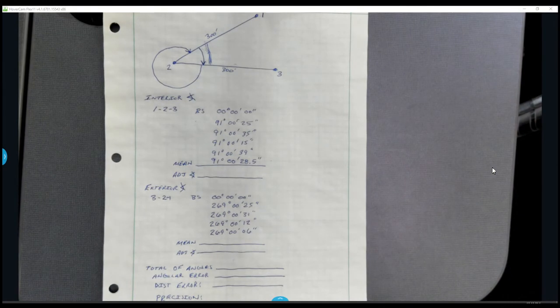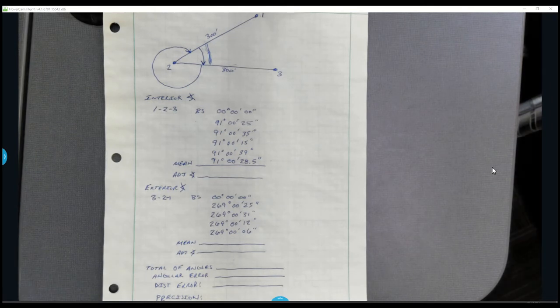Okay. All right. So let's figure out what the mean of the exterior angles is. Now this one, when we get going on this, it's going to be a tad bit confusing because of the way that we're going to adjust.